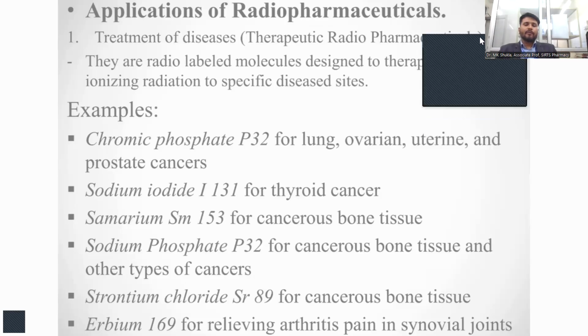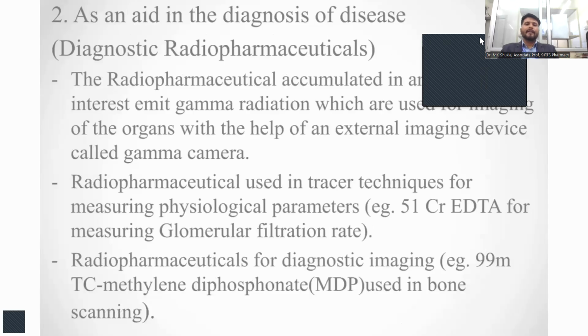Examples are chromic phosphate P-32 for ovarian, uterine, and prostate cancers, sodium iodide I-131 for thyroid cancer, samarium Sm-153 for cancerous bone tissue, sodium phosphate P-32 for cancerous bone tissue and other types of cancers, strontium chloride Sr-89 for cancerous bone tissue, and erbium-169 for relieving arthritis pain in synovial joints.